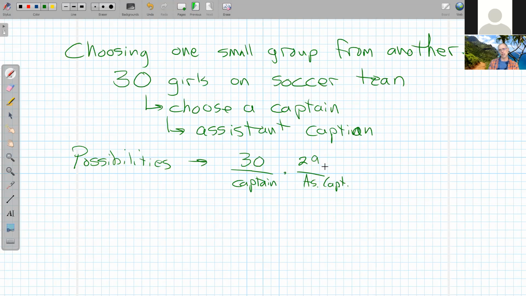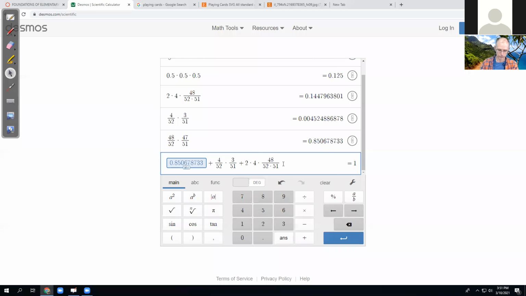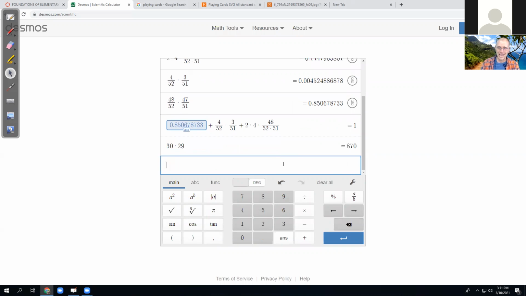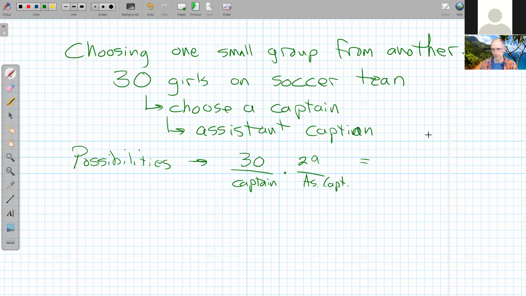So there'd be 30 times 29 possible ways to choose 2 people out of 30 for some team. And the team would be captain, assistant captain. Kind of curious what that number is. 870 different possibilities of who gets to be captain and assistant captain. 870. Wow.